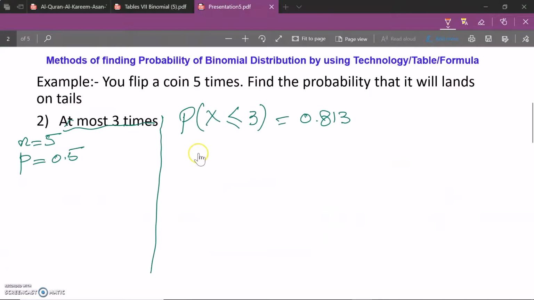Now let's move to the second part and see how we can use the table to perform the same computation to get the same answer.